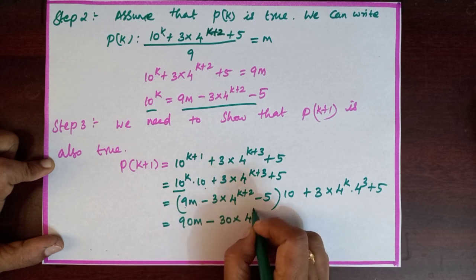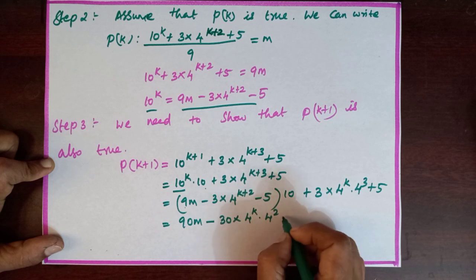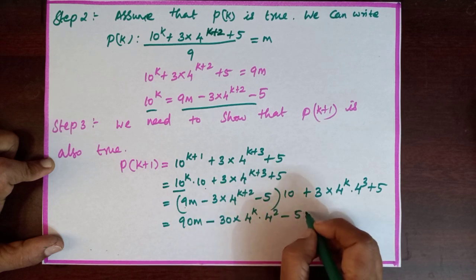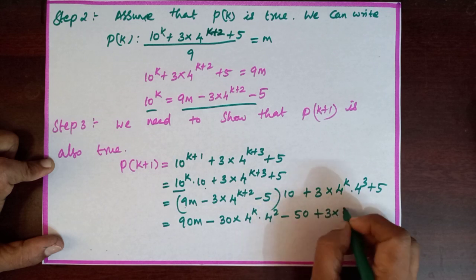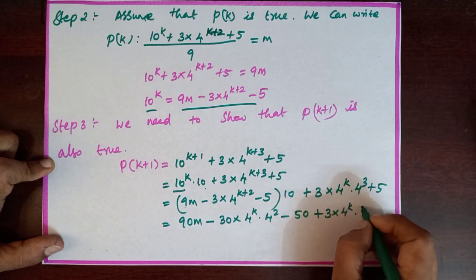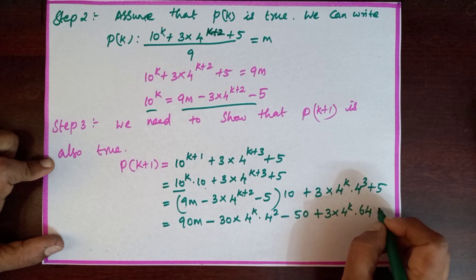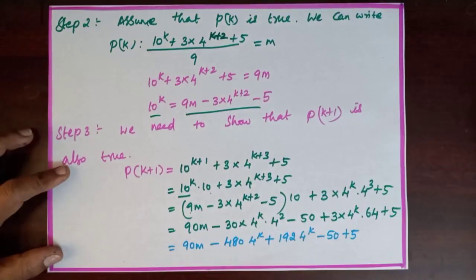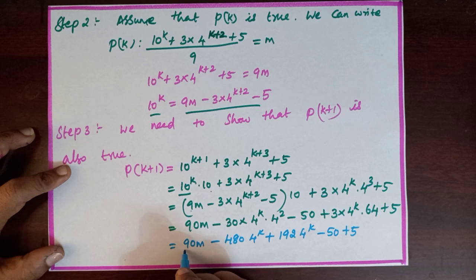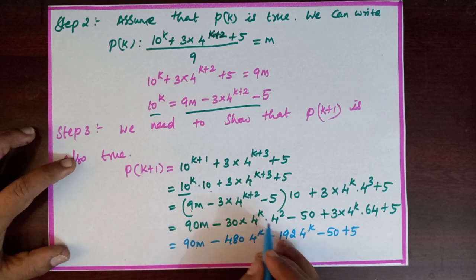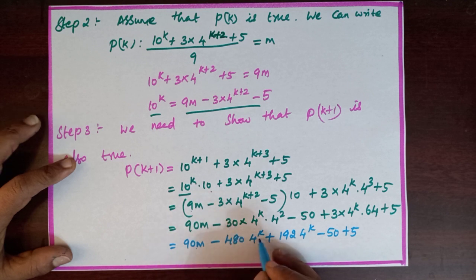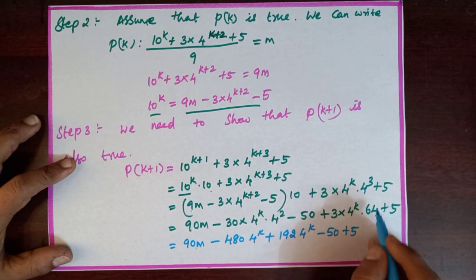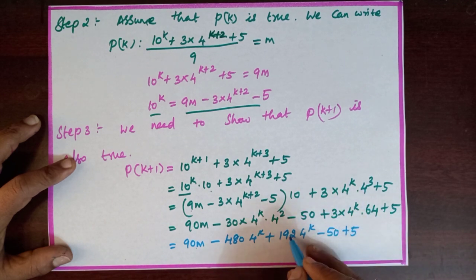I am going to write it as 4 power k into 4 power 2, minus 5 into 10 is 50, minus 50 plus 3 into 4 power k. 4 cube is nothing but 64, plus 5, which is equal to 90m minus 480. 4 square is 16. 16 into 3 is 48. 48 into 10 is 480. 4 power k plus 64. 4 cube is 64. 64 into 3 is 192.